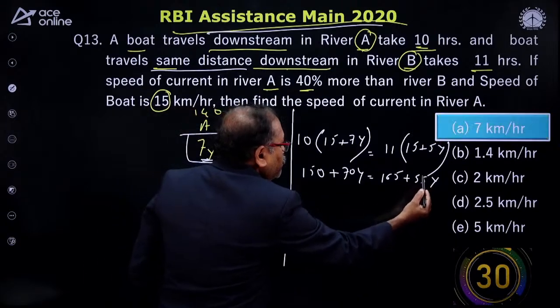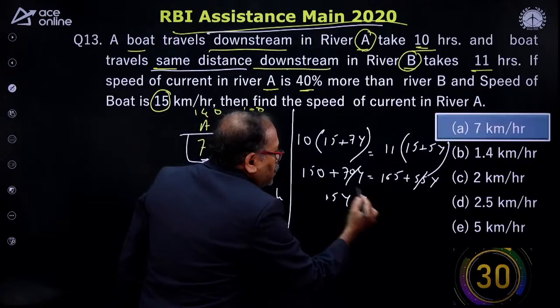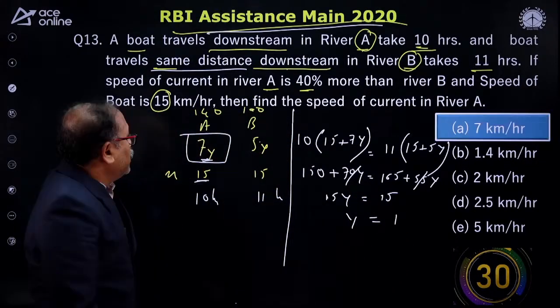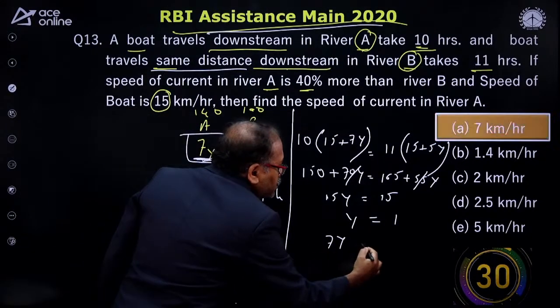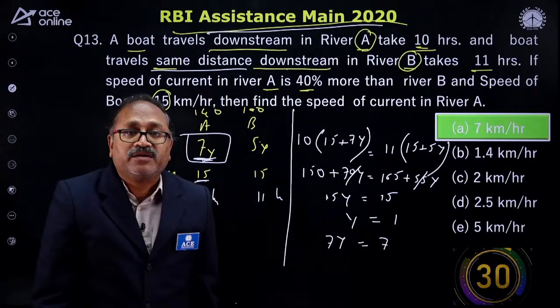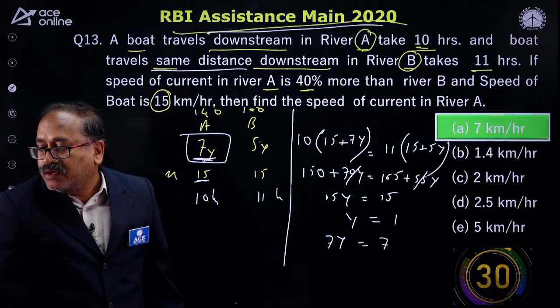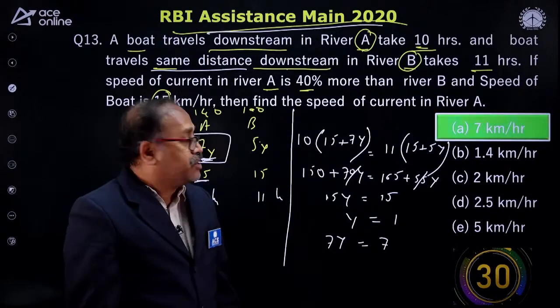So when this number comes over here, I am left with 15y equal to 15. That means y is equal to 1. If y is equal to 1, then what is 7y? 7y will be 7. That's the right answer, 7 km per hour. Well done, all my young friends. Well done. Okay, Subba Reddy, you are performing very well, my young brother.